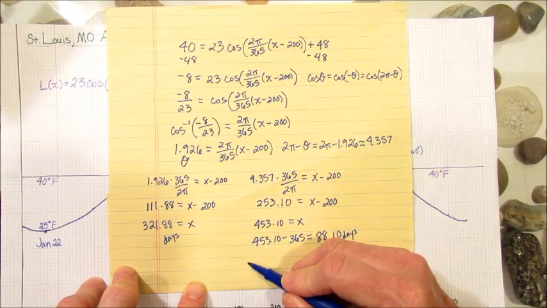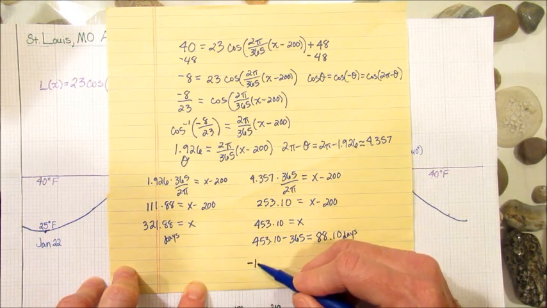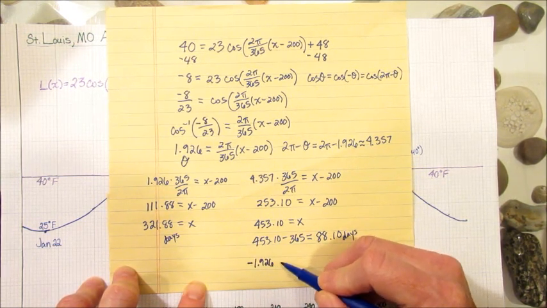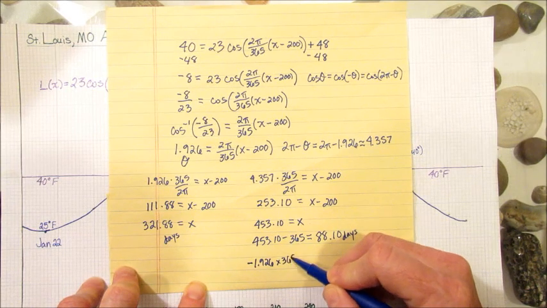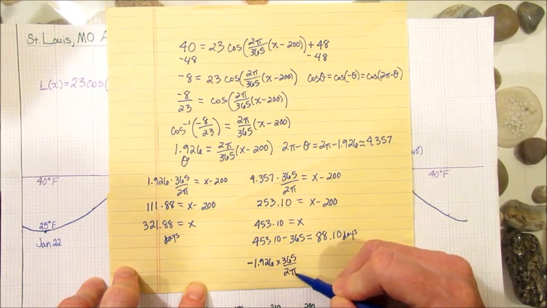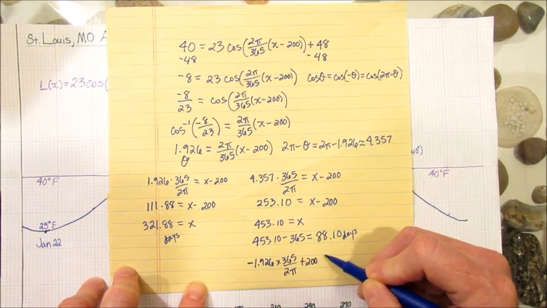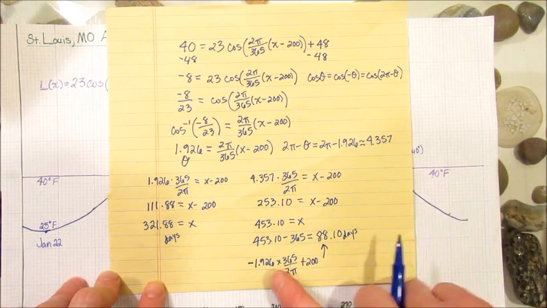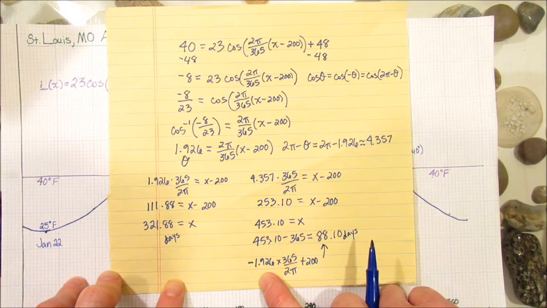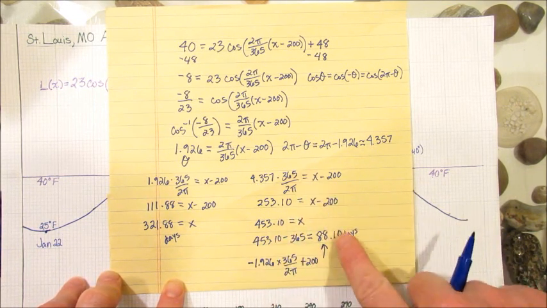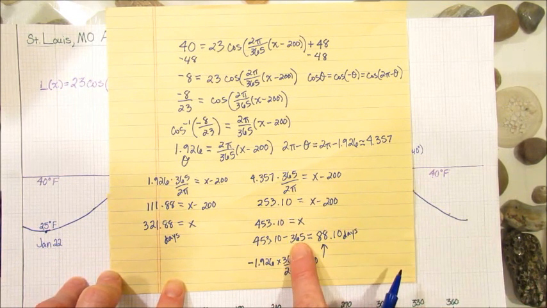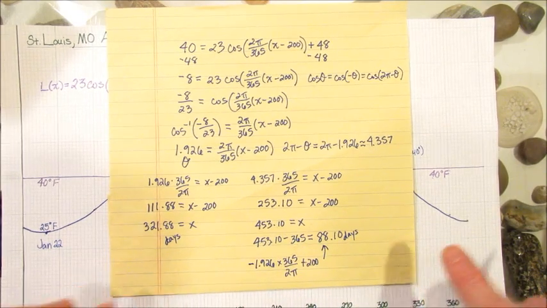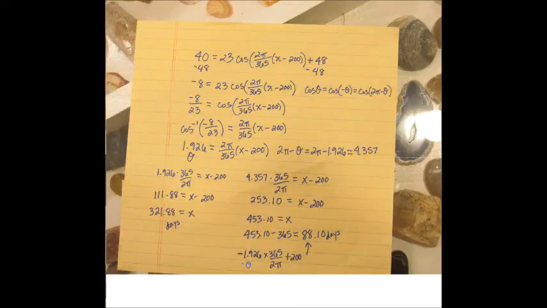So if I had taken negative 1.926 and multiplied by 365 over 2 pi and then added the 200, you would have also gotten that 88. So I could have used negative theta. I used 2 pi minus theta, and I still get the same value. It's just I had to subtract one wavelength.